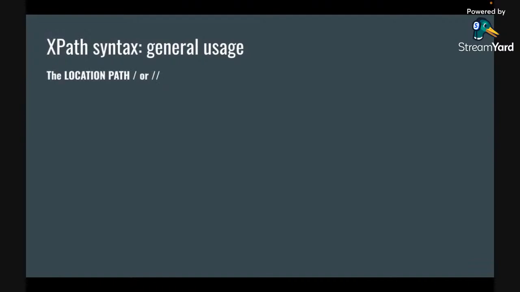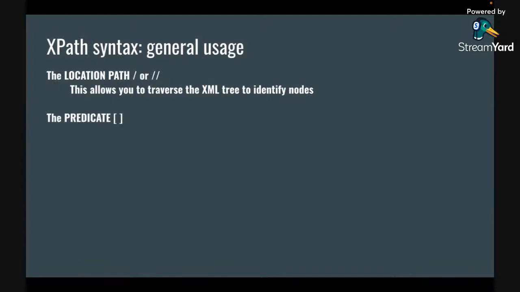Now, in terms of general usage, most of us have to use XPath in this very basic way, which is create a location path with a single slash or a double slash, so with an absolute path or a relative path. And this allows you to traverse the XML tree to identify nodes. The predicate is always contained within brackets, which allows you to filter the results of path expressions.